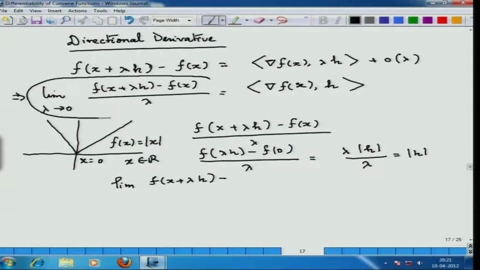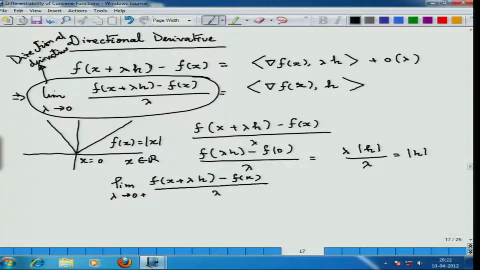This sort of limit is usually called a directional derivative, where lambda goes to 0 from the right side, 0 plus. So, in this particular case, this is mod h.